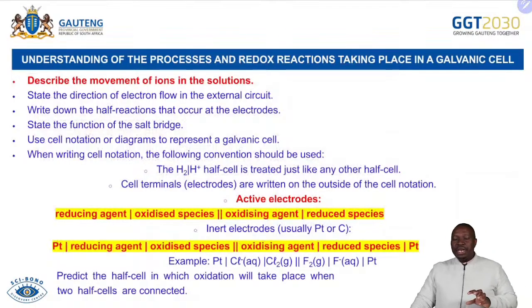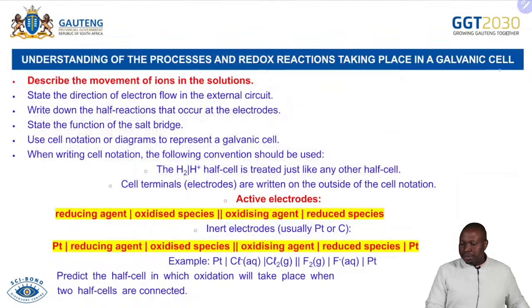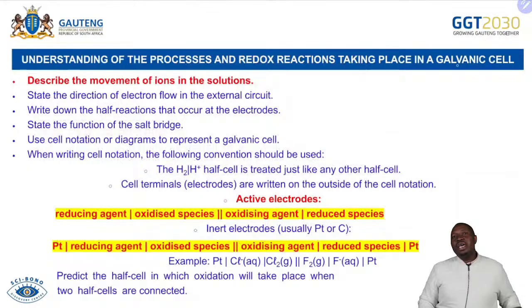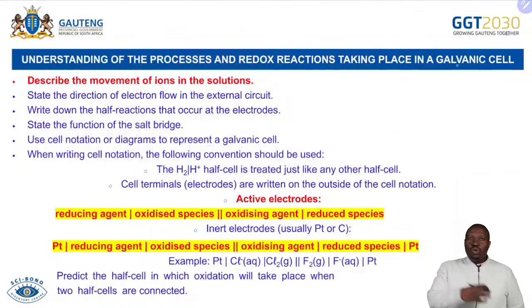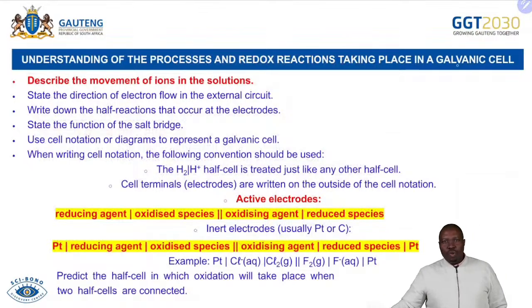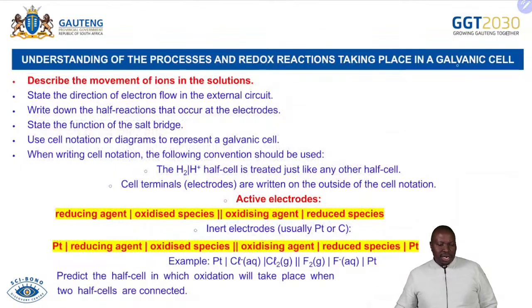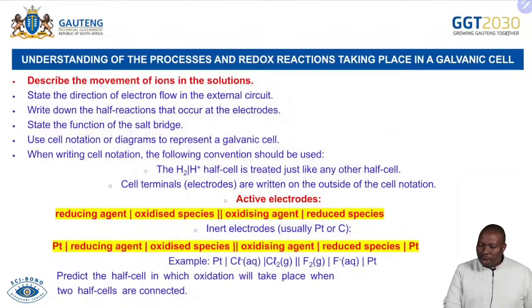Now, we are going to look at the processes and the redox reaction that takes place in a galvanic cell. So here, remember, we talked about the electrolyte as a solution that has a substance that has been dissolved in water that gives rise to a solution that conducts electricity. So we are saying here as well, we're going to talk about the movement of ions.